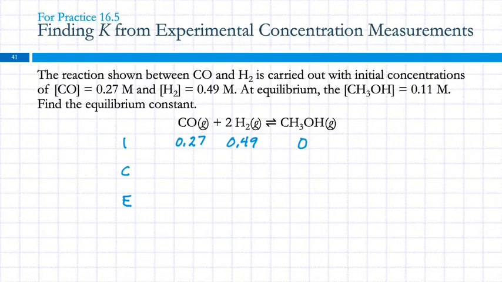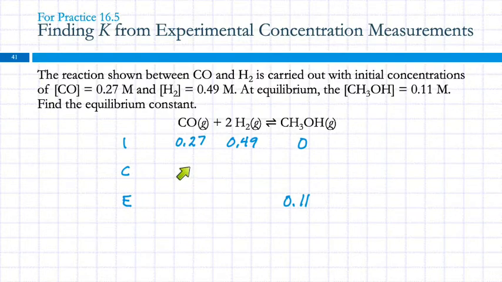Now it says at equilibrium, CH3OH is 0.11. Well, let's figure out what's going to change here. I'm starting with all reactants, no products. My reactants are going to decrease in concentration. My product is going to increase in concentration.